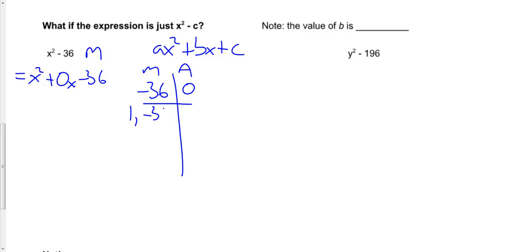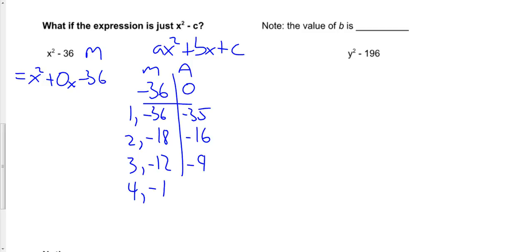1 times negative 36 gives me negative 35, so that doesn't work. 2 times negative 18 is going to give me negative 16. 3 times negative 12 is going to give me negative 9. Again, I'm moving down. 4 times negative 9 is going to give me negative 5. 36 is not divisible by 5, so I'm going to move into 6.